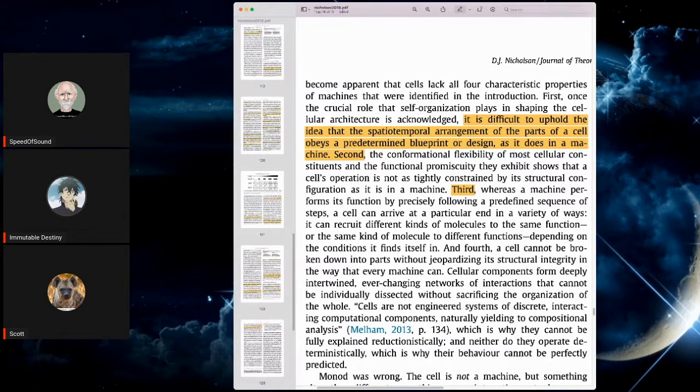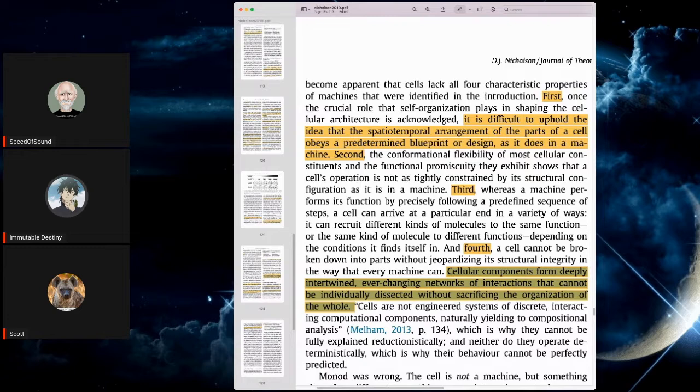It can recruit different kinds of molecules to the same function, or the same kind of molecule to different functions, depending on the conditions it finds itself in. And fourth, a cell cannot be broken down into parts without jeopardizing its structural integrity in the way that every machine can. Cellular components form deeply intertwined, ever-changing networks of interactions that cannot be individually dissected without sacrificing the organization of the whole.